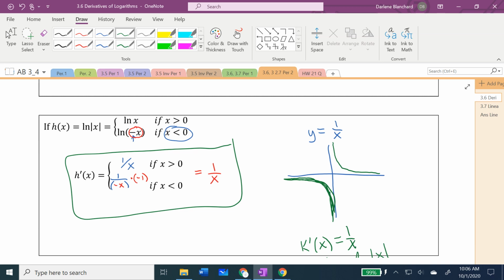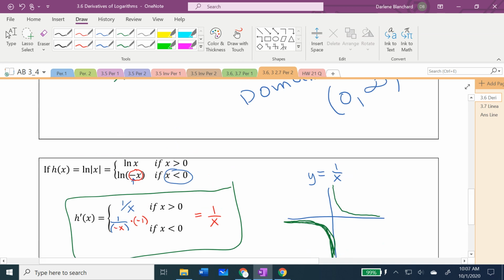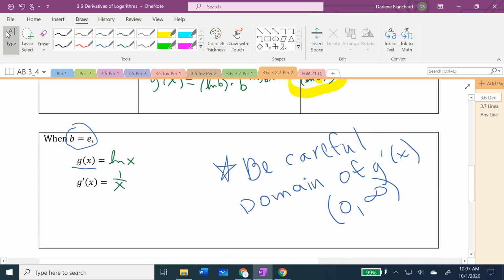Confused why g prime of x has a different domain than h prime? Because g prime is coming from the natural log of x. So basically, the domain of g of x is only numbers that are positive, x greater than 0.